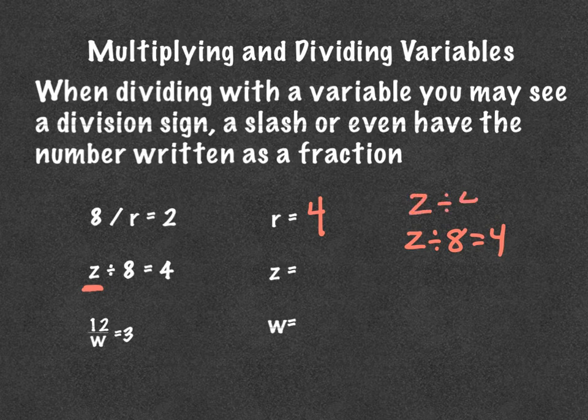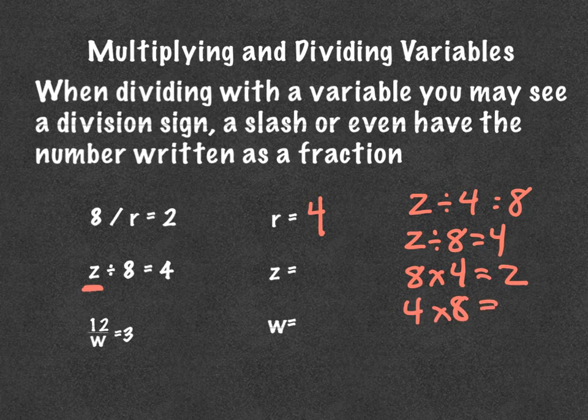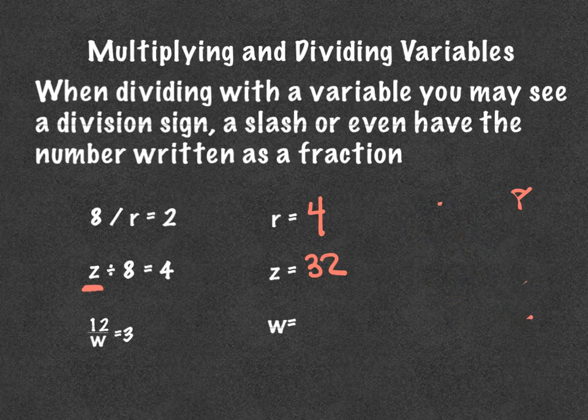Now if we think about multiplication, 8 times 4 equals z. 4 times 8 equals z. With this fact family, 4 times 8 is 32. So the fact families really help me out with trying to think about what my variables equal.